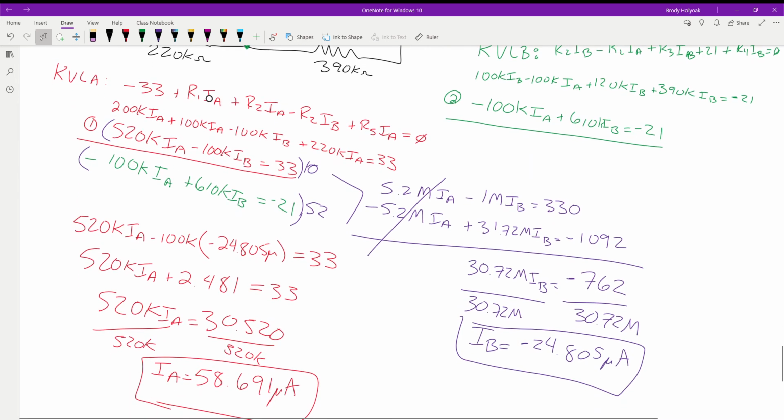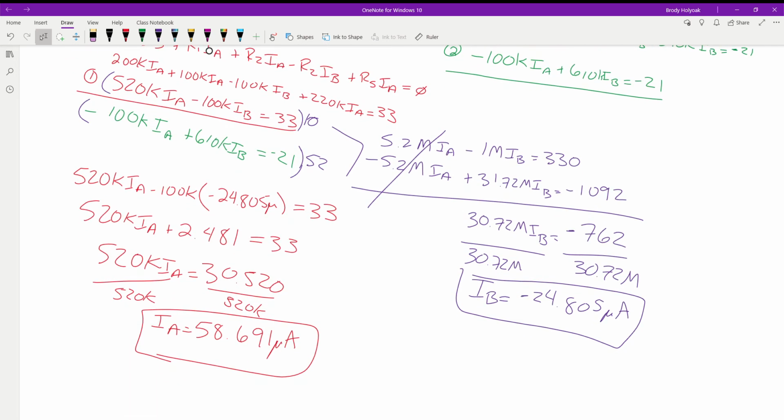All right. Any questions about two-loop, two-supply? We solve them the exact same way as if they had one supply. We solve them the exact same way if they had 14 supplies. We could put that many supplies in there if we really wanted to. And we could make these circuits just as complex as we want. One of those original series parallel circuits I gave you, we could just solve with mesh.